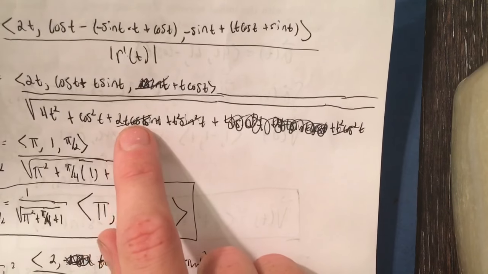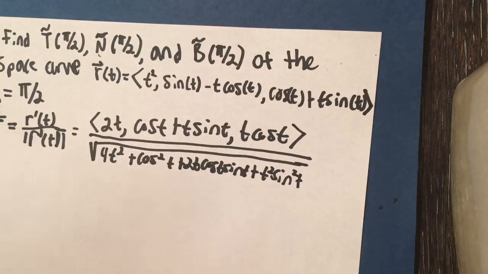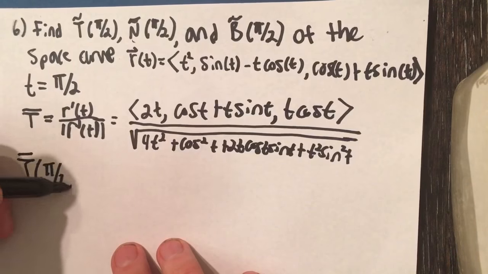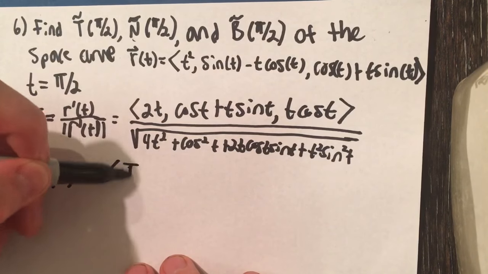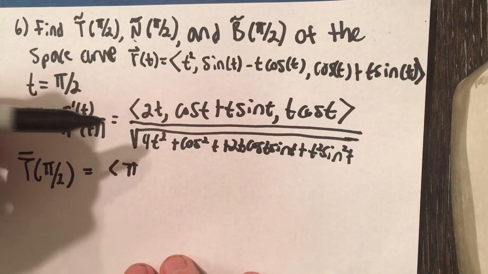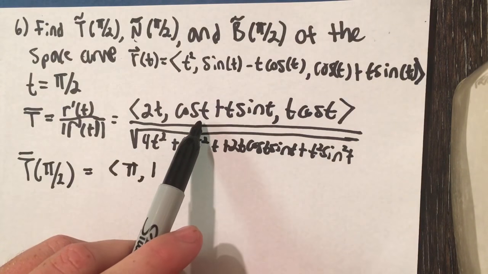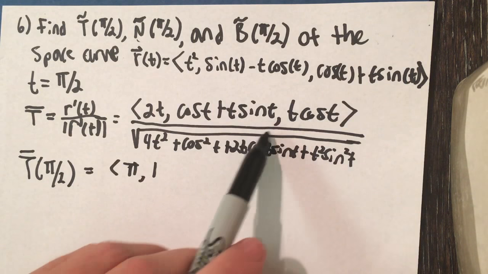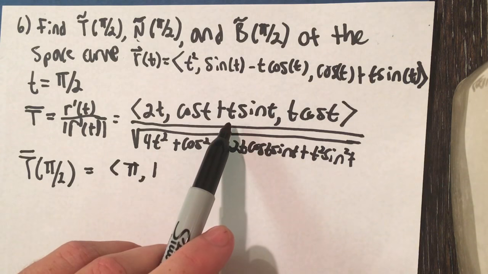But luckily, when you plug in the t value of pi over 2, a lot of these actually cancel out. And what you're left with, when you plug in t of pi over 2, for the numerator, is pi, because pi over 2 times 2 is just pi, comma, 1, because cosine of pi over 2 is equal to 0 and sine of pi over 2 is equal to 1, and this will be multiplied by pi over 2.